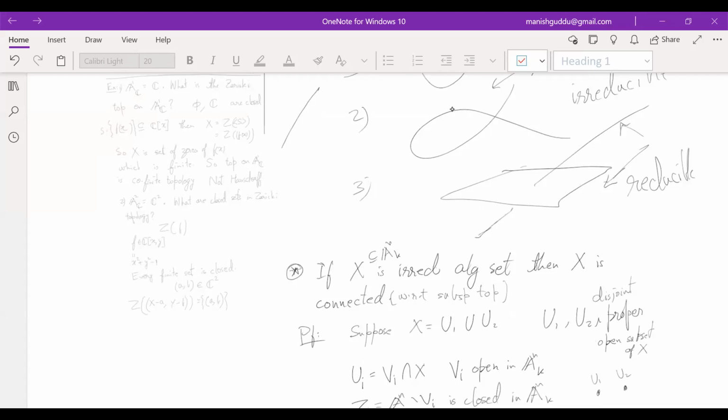No. So how do I say it's disconnected in the Zariski topology?